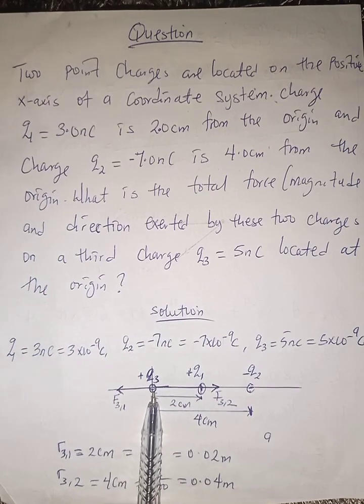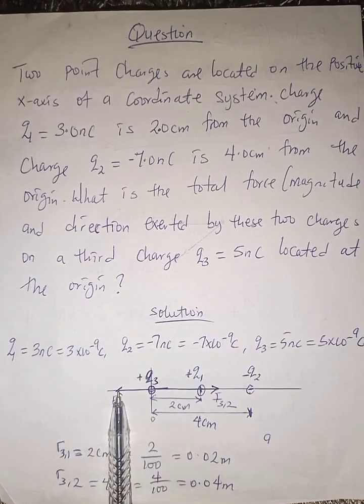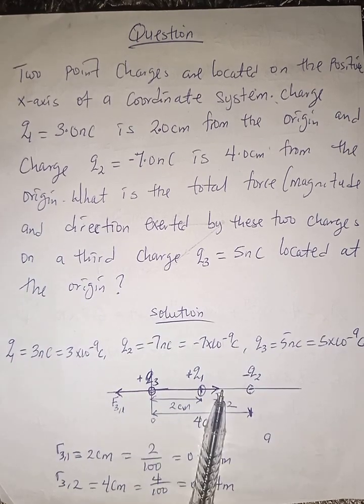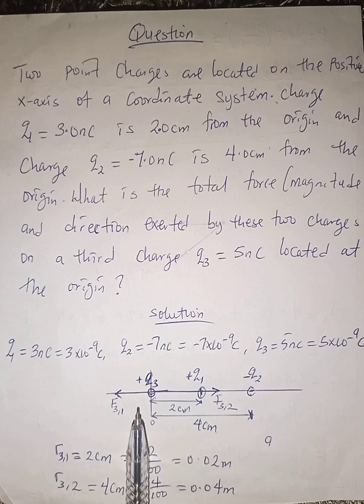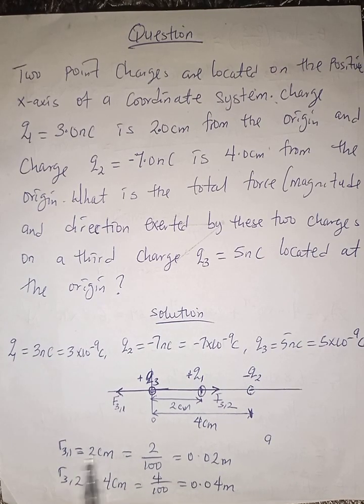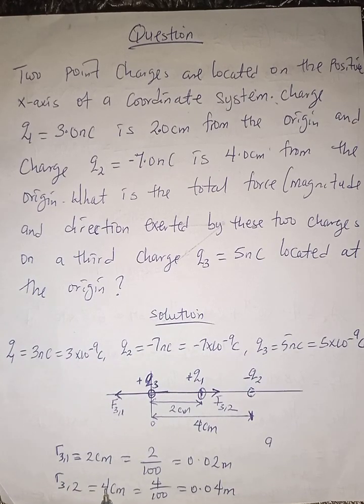The force moving towards the left will be negative, and the one going to the right will be positive. Now let's calculate the magnitude of these two forces from Coulomb's law. The distance between Q3 and Q1 is 2 cm, and the distance between Q3 and Q2 is 4 cm.